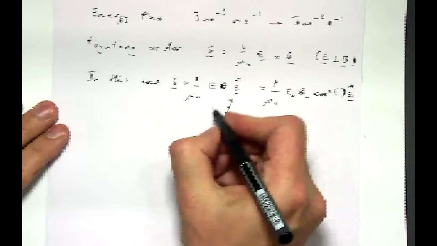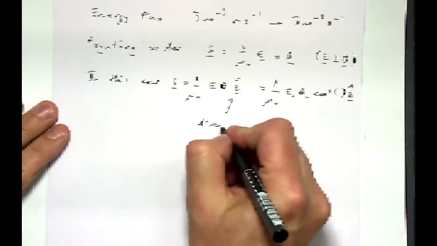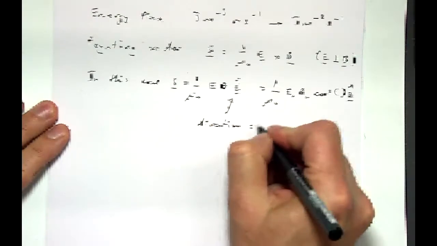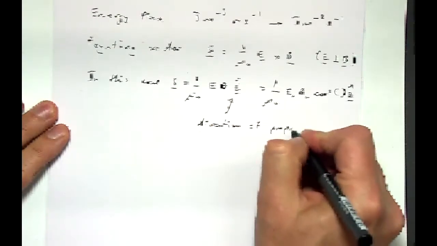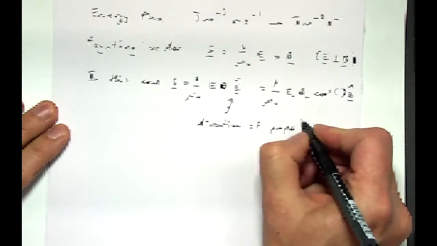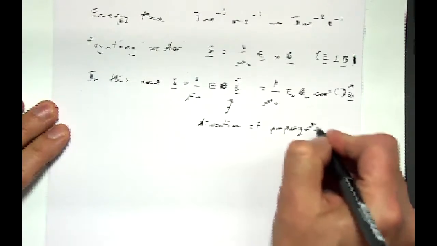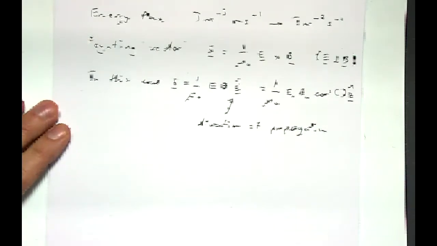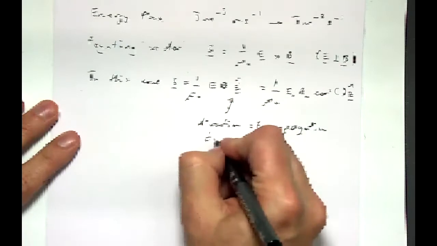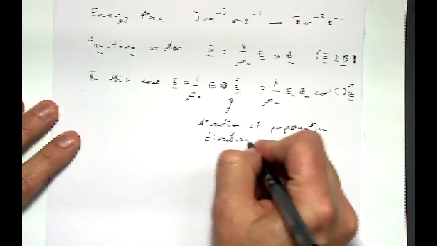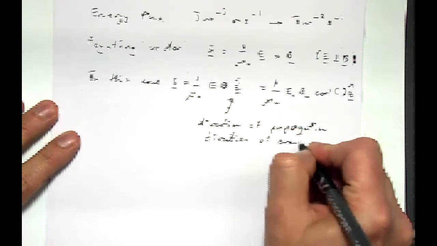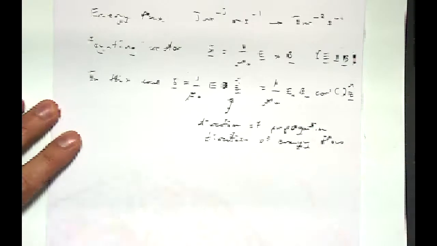So we just note here that z hat is the direction of propagation, and we've seen in several guises that the direction of propagation is also the direction of the energy flow. So those concepts are coming together now.